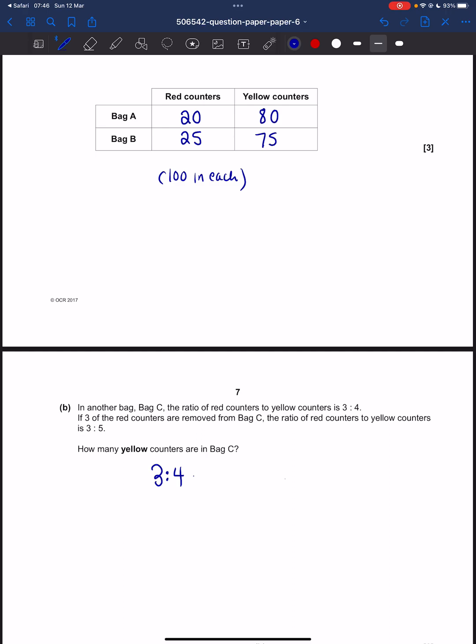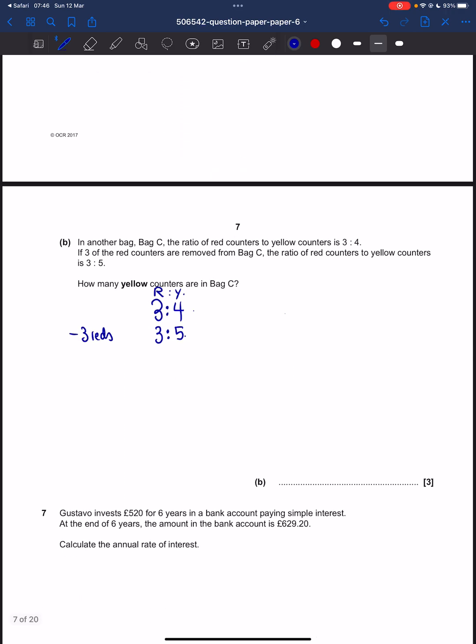So this is red to yellow. If we take away 3 reds, it changes to 3 to 5. Okay, so let's start. No, this is a ratio, so it's not exactly 3 to 4.